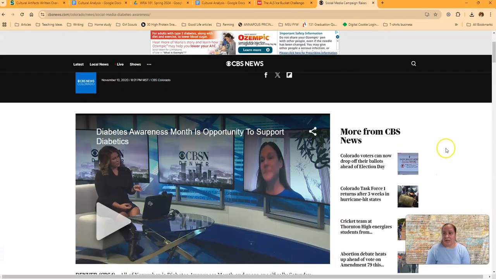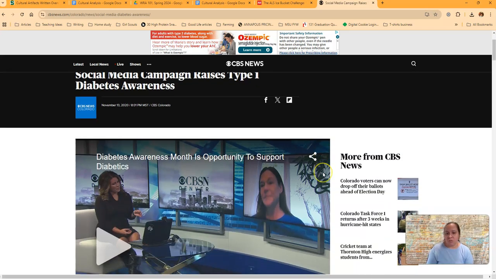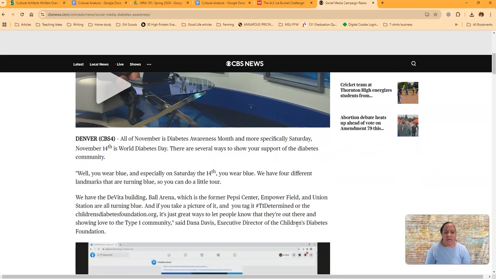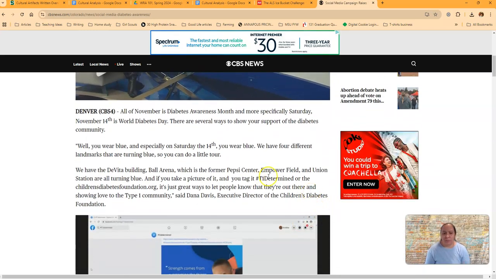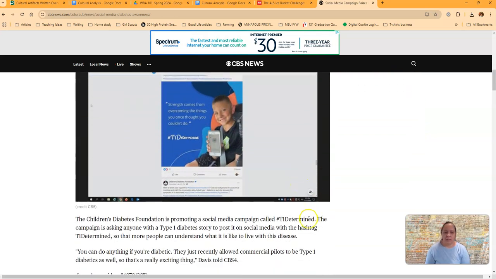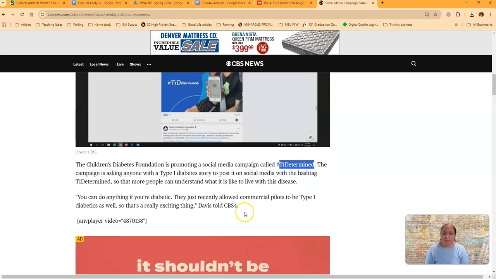Another social media campaign was for type 1 diabetes throughout November, which is Diabetes Awareness Month. And people were encouraged to wear blue and then to tell their stories of living with T1D, specifically using a hashtag that was developed to help spread the message and to bring them together for those who might be searching for them.